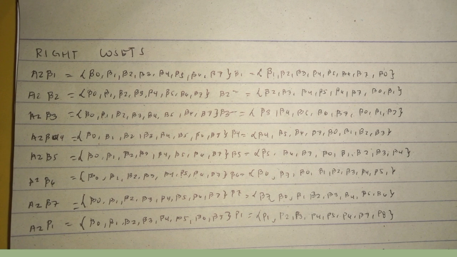Same with the next. We have A sub 2 multiplied by B sub 2 is equal to B sub 2, B sub 3, B sub 4, B sub 5, B sub 6, B sub 7, B sub 0, and B sub 1, and so on and so forth.